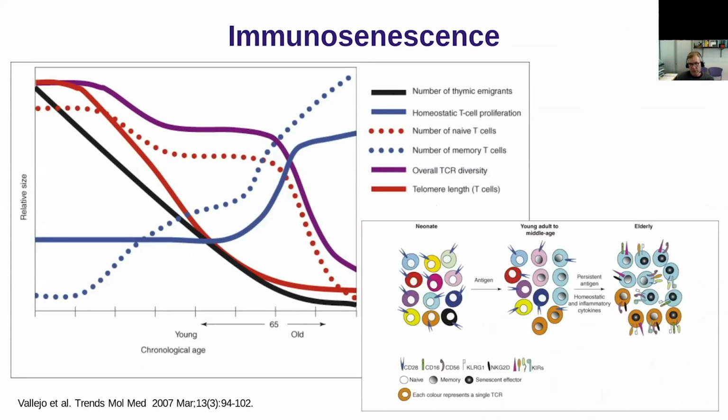And what that really means is, as you get into old age, in your peripheral blood, instead of having a wide repertoire, lots of T cell receptors, you get a very narrow repertoire with the predominant clones targeting cytomegalovirus if they're infected, or Epstein-Barr virus, which means that the proportion of T lymphocytes that are naive and have the ability to respond to novel infections like SARS coronavirus 2 is limited.